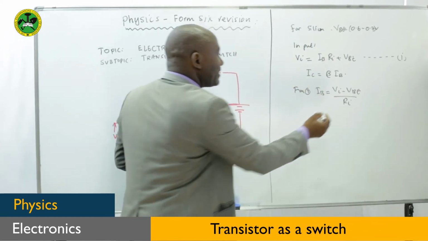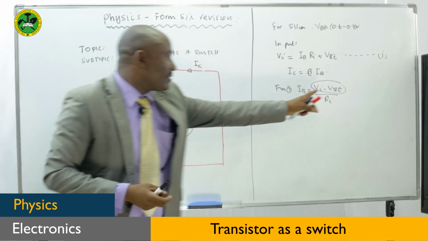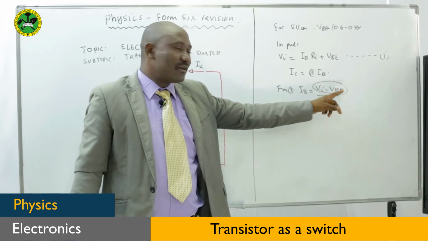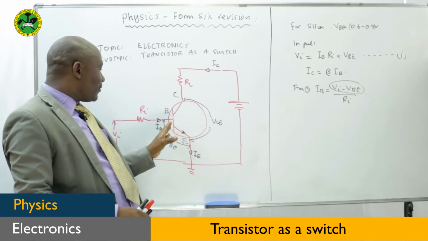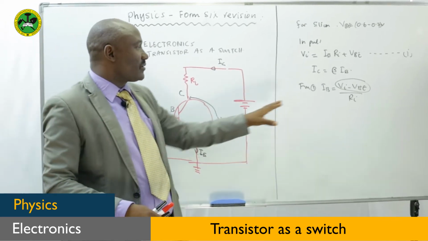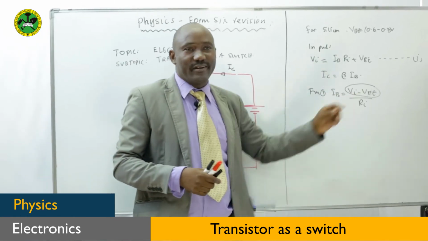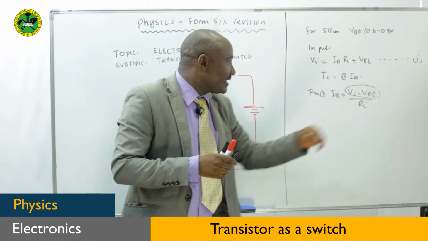The one which determines the current flow is the difference between the input voltage and the VBE. If the input voltage is less than VBE, there is no way you can have the current. So in order for the base current to flow in the circuit, the input voltage should be greater than this value. This is condition number 1.